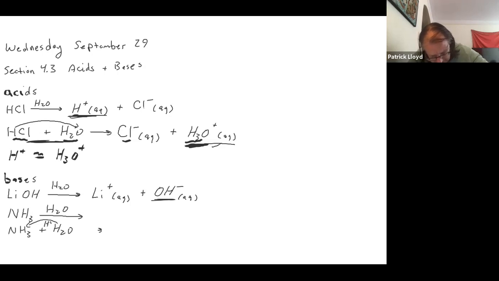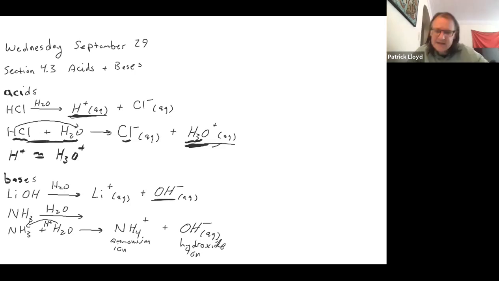So the result of that is you get this cation that's positively charged. This is called the ammonium ion. And then you lose the hydrogen ion, so the water now becomes what we call hydroxide. Okay, and again, the key to thinking about what a base is: a base is a substance that forms hydroxide. So since this reaction forms hydroxide, we would claim that the ammonia is acting as a base, okay?